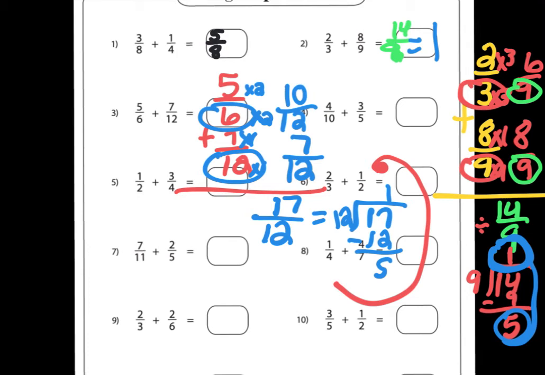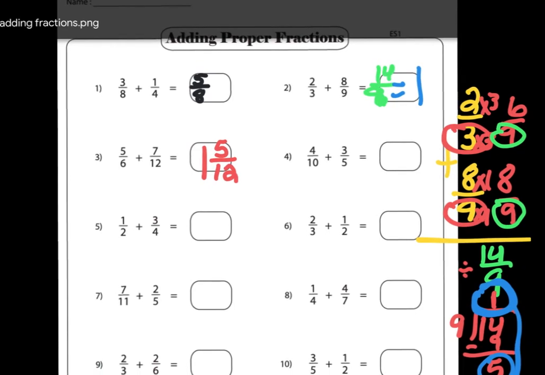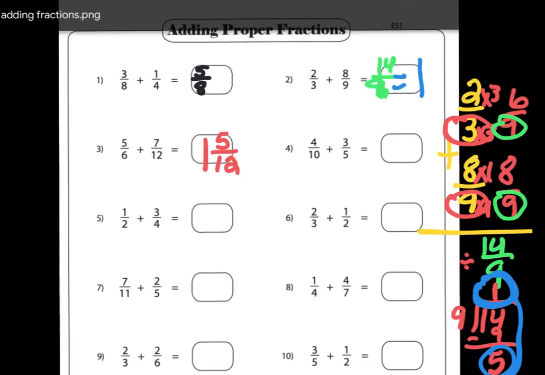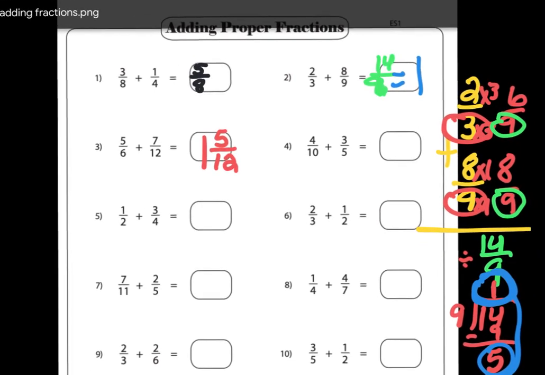So my answer would be 1 and 5/12. I'm going to write that in the box. Questions. So everybody should have number 1 is 5/8. Number 3 is 1 and 5/12. And number 2 was 14 over 9, which actually equaled 1 and 5/9.